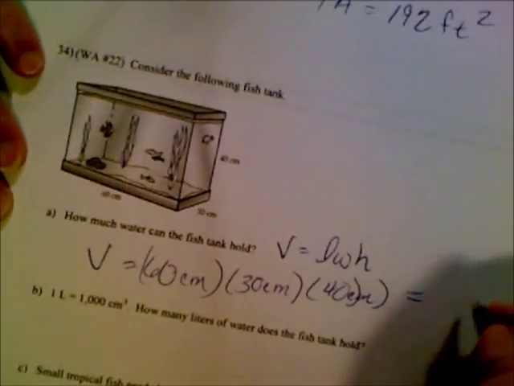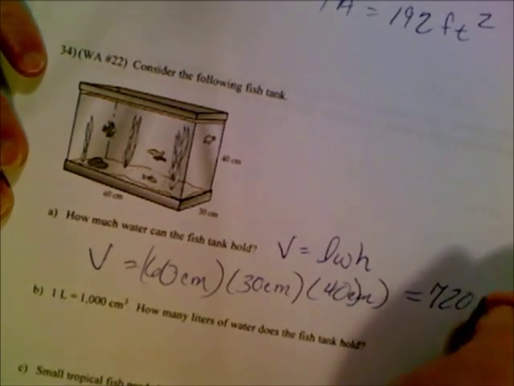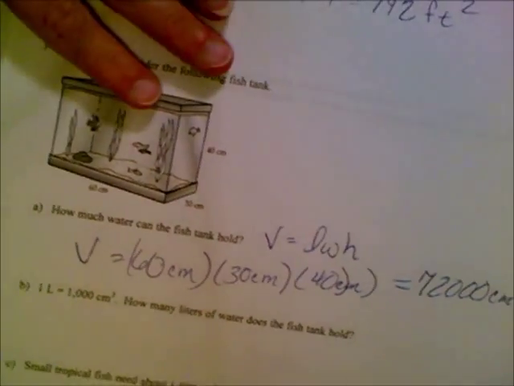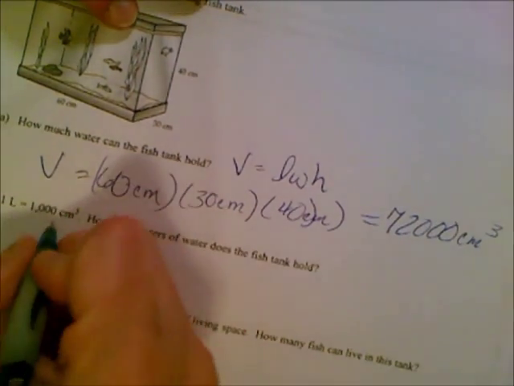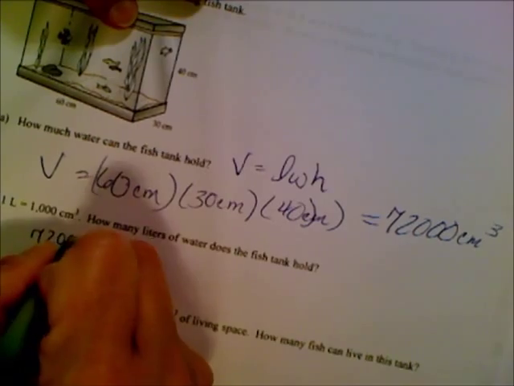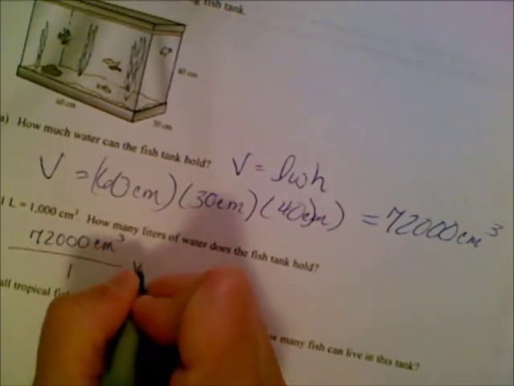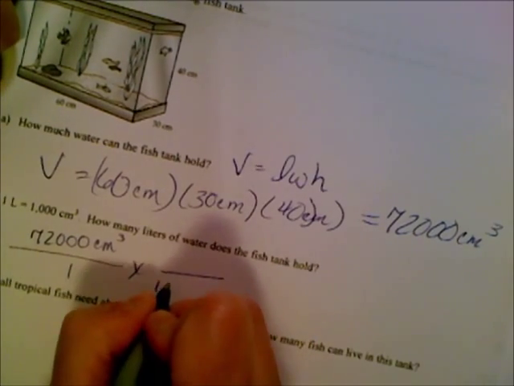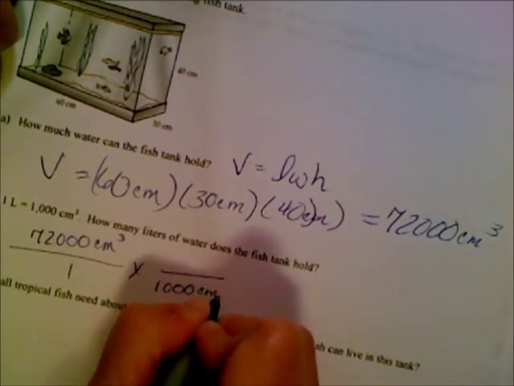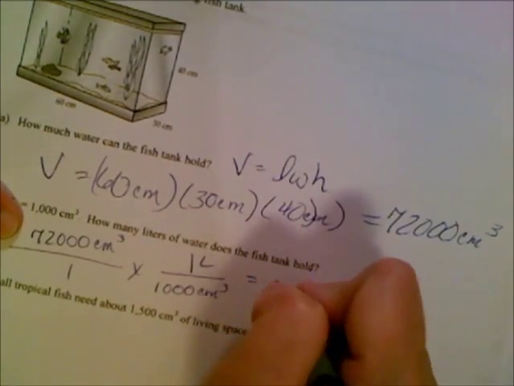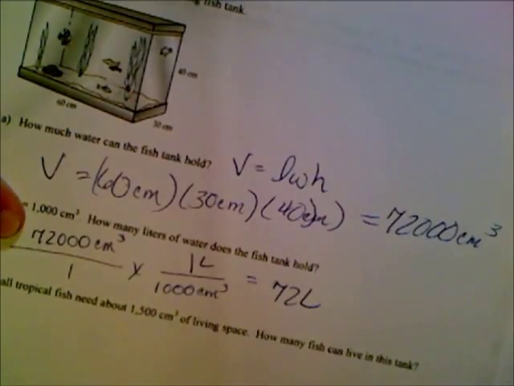And so I get a total volume of 72,000 centimeters cubed. Okay? If I have 72,000 centimeters cubed over 1, I know that 1 liter is 1,000 centimeters cubed. Then that tells me that this is 72 liters of water.